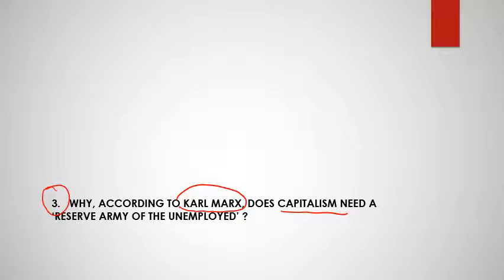So, I mean, fundamentally, Karl Marx was very much anti-capitalistic, and his argument was the following. Capitalism needs unemployment because the greater the unemployment level, the more bargaining power the employers will have.